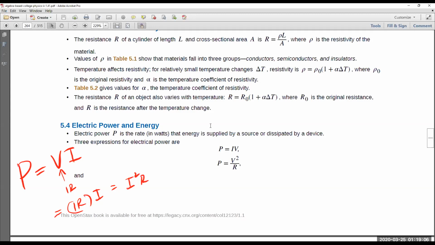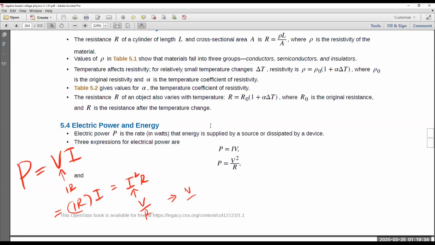I squared times R. Okay. And then remember, I from Ohm's law is V over what? From Ohm's law, I is the same as V divided by R. So if we substitute I by V over R, we end up with what?